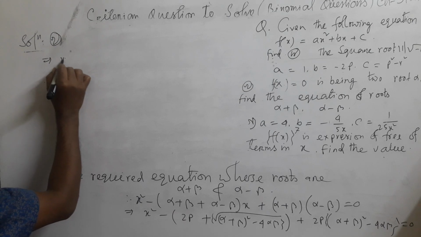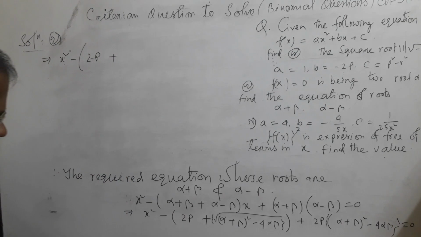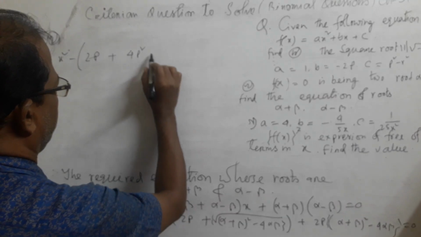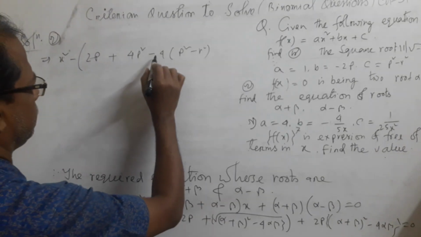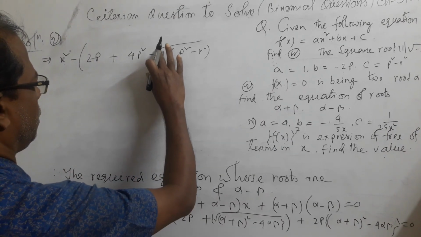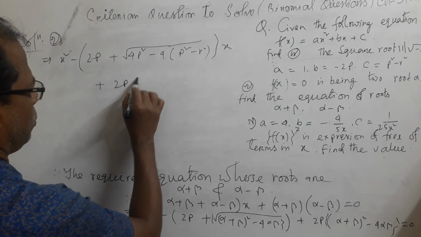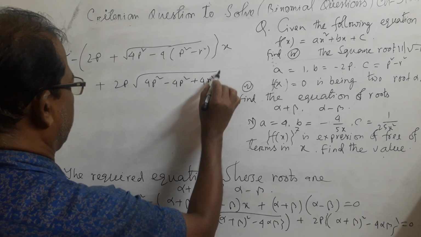Then x square minus 2p plus the root over 4p square minus 4 into p square minus r square, into x plus 2p into the root over 4p square minus 4p square plus 4r square, equal to 0.